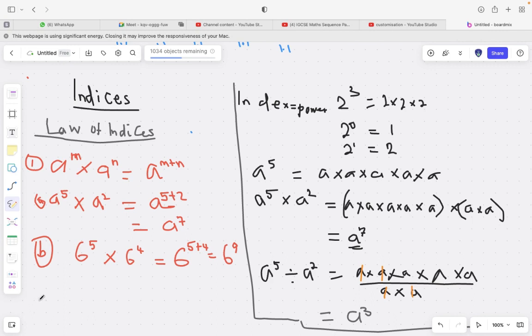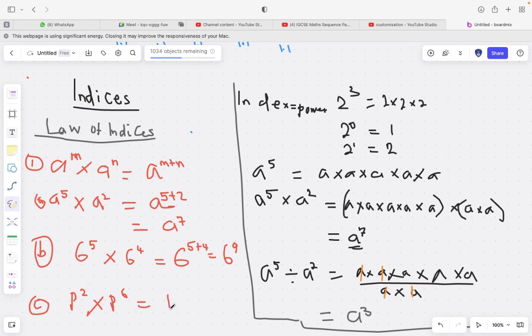Also, similarly, let's do one last one before we go to second law. If we say p to the power of 2 multiplied by p to the power of 6, it's so easy. The base must be the same in order for you to call it first law.